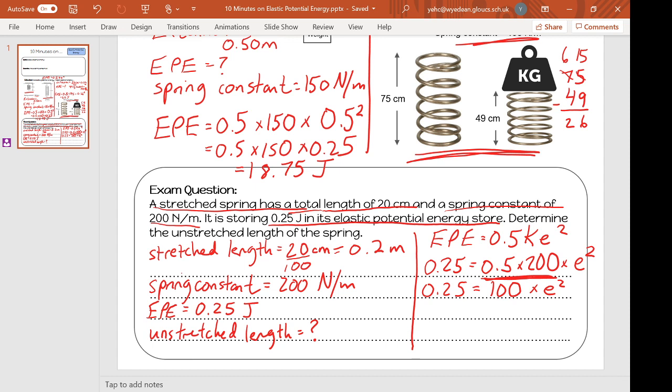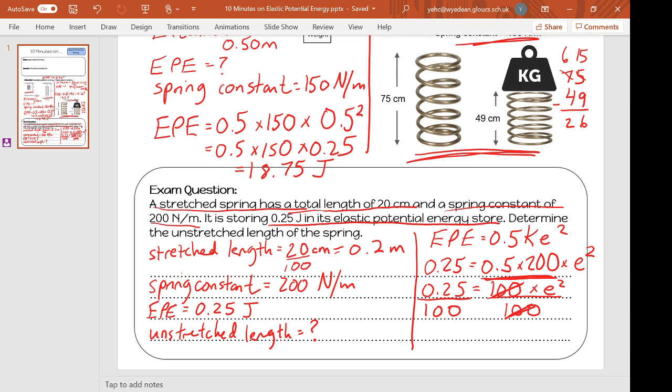Because that 100 is times-ing, I can divide by 100. And just like in maths, the hundreds cancel out. But remember, anything I do on one side, I have to do on the other side. So I'm dividing both sides by 100.